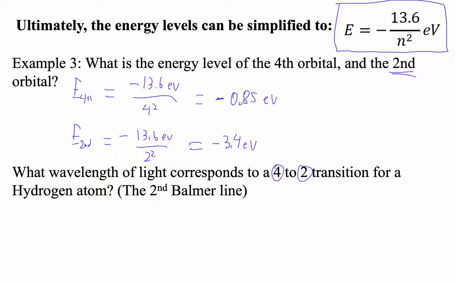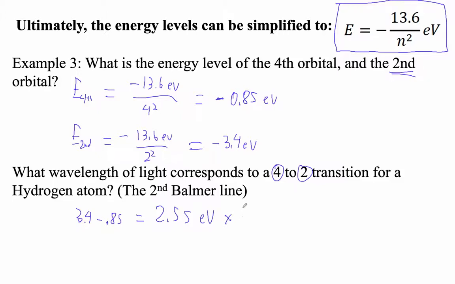So the energy released is the difference between these two, right? So 3.4 minus 0.85 is the energy released, which is 2.55 electron volts. And then what is the wavelength of that?